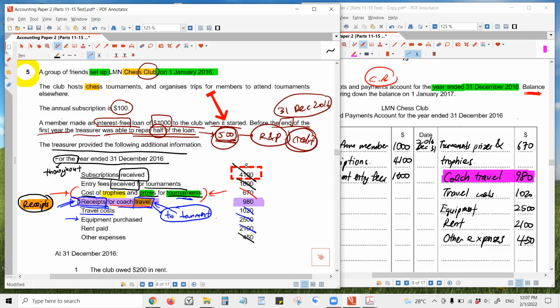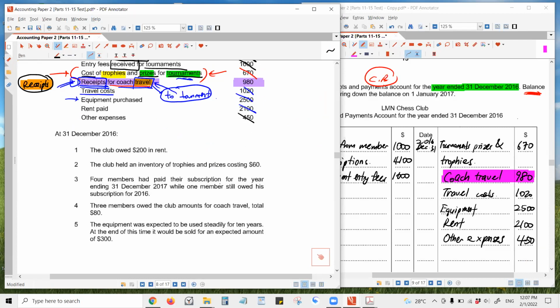Okay, then look through the other parts of the question. At 31st December 2016, the club owed $200 in rent. This is only important for doing the income expenditure account. The income expenditure account is to replace the income statement. Remember, it replaces the income statement.